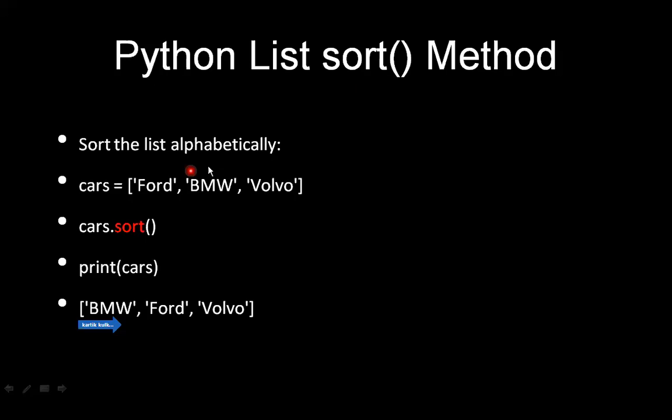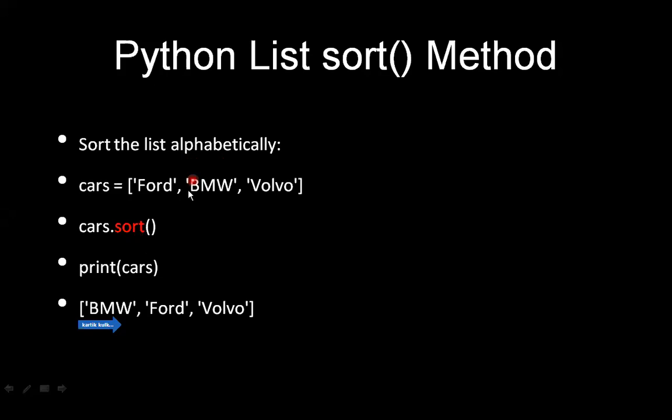How the list elements will be sorted, you can look into the example here. I have taken the list name as cars, and the elements pertaining to cars: Ford, BMW, and Volvo. When I use this statement, the list name dot the sort method, I am not going to specify any parameters, I just write sort. Then the Python interpreter automatically checks for the alphabetical order.